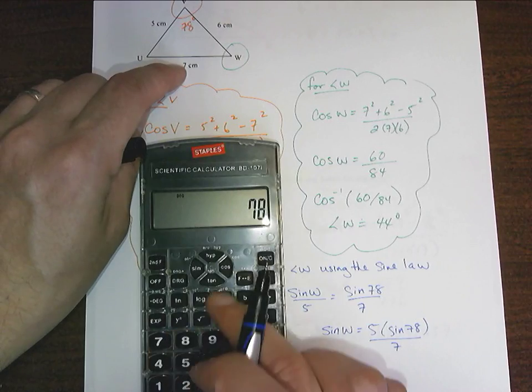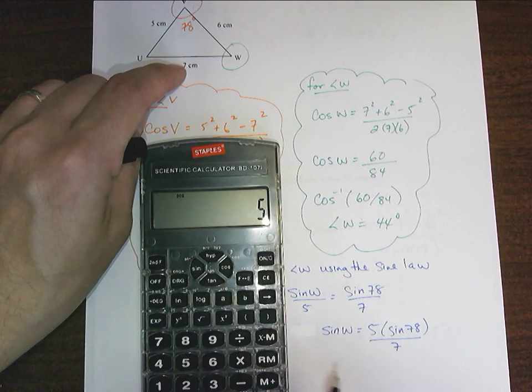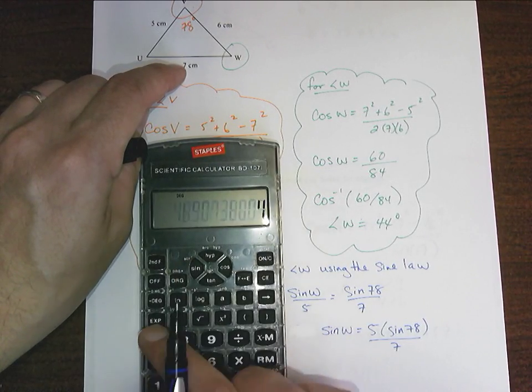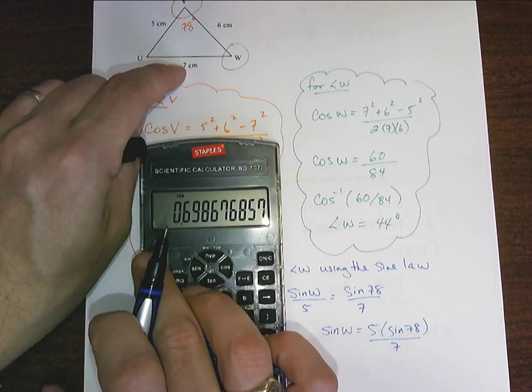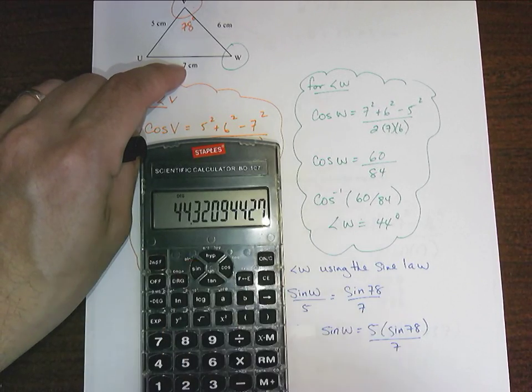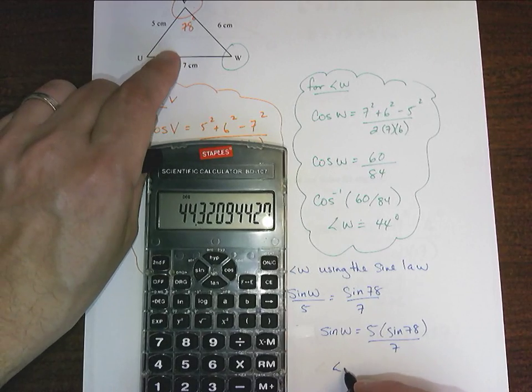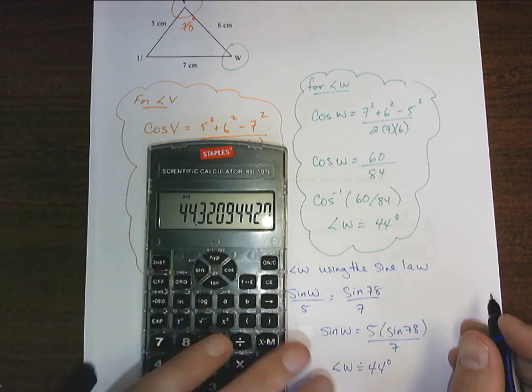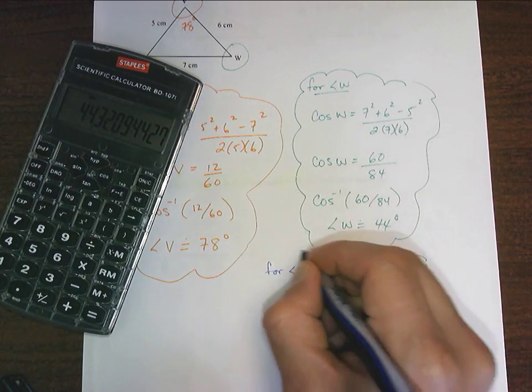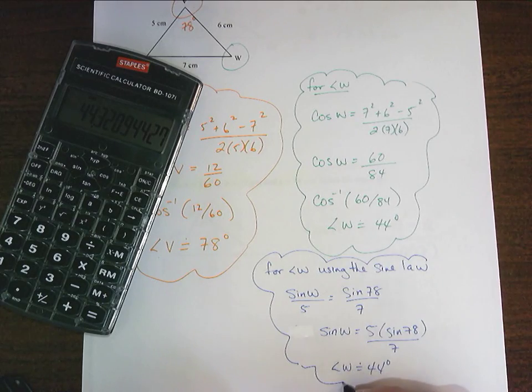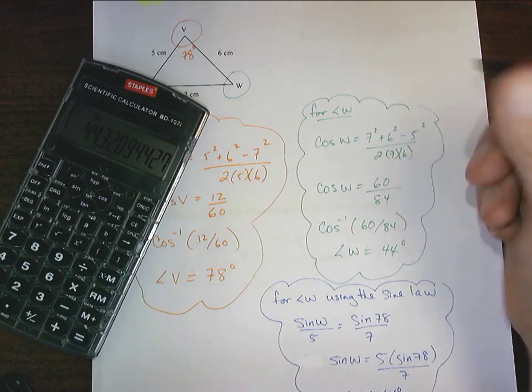So 78 sine times 5, divided by 7, second function sine, and we come up with angle W is approximately 44 degrees. And that was using the sine law. Do you have to do both? Absolutely not. One or the other.